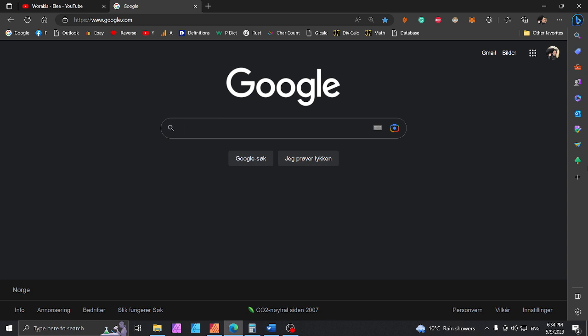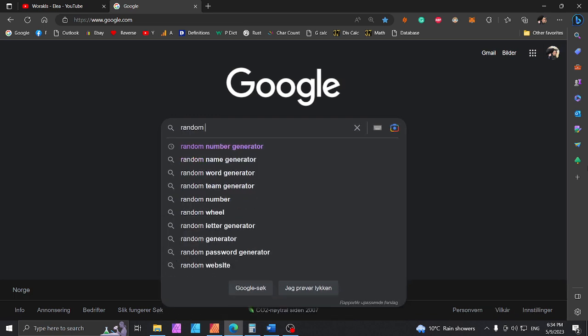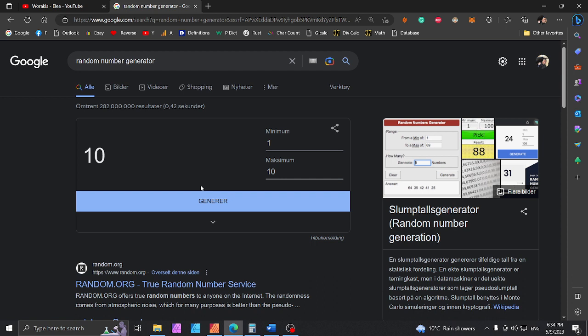So let's pull up a random number generator, and let's put a maximum of the last verse of the Bible.